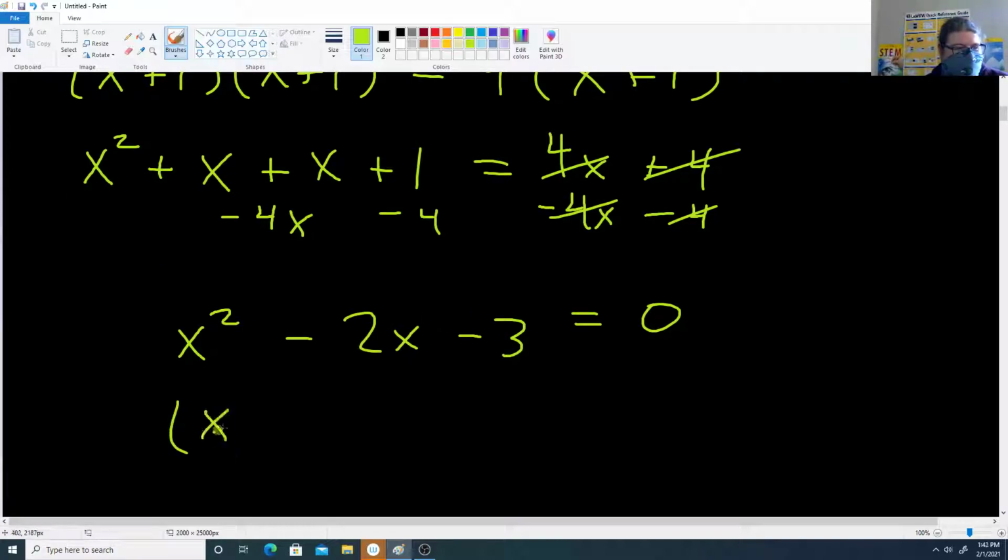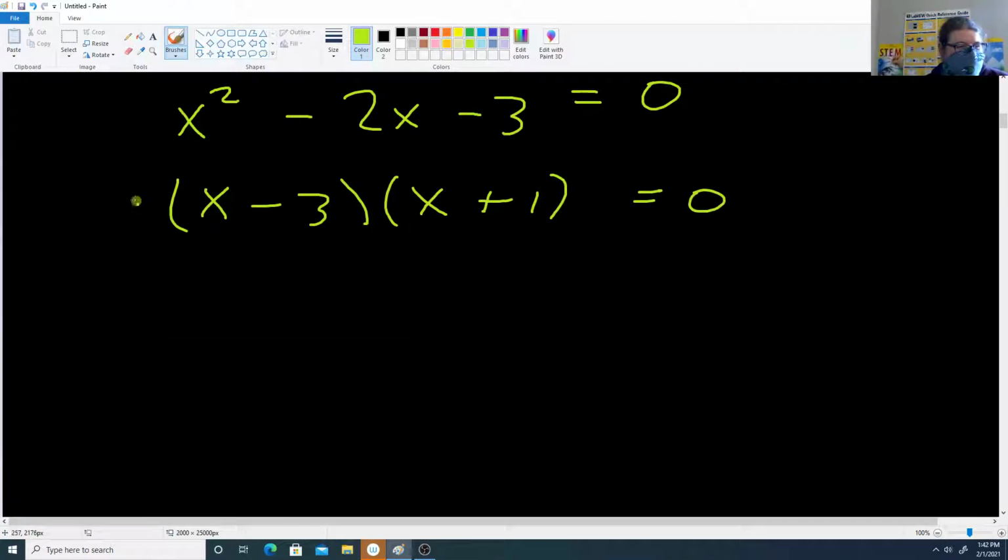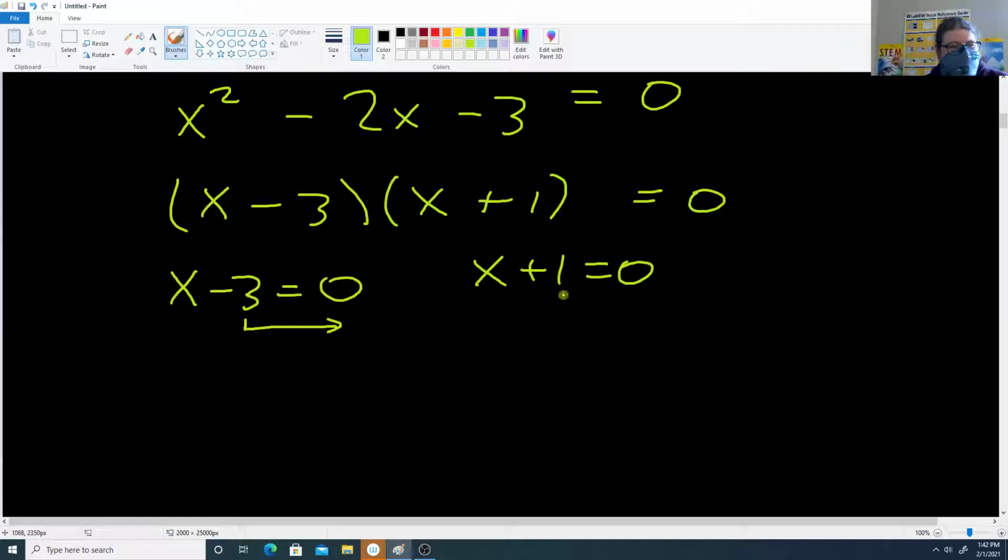So this factors as x minus 3 times x plus 1 equals 0. So I get x minus 3 is 0, and I get x plus 1 is 0. The negative 3 scoots across. The positive 1 scoots across. We get x is 3 and x is negative 1.